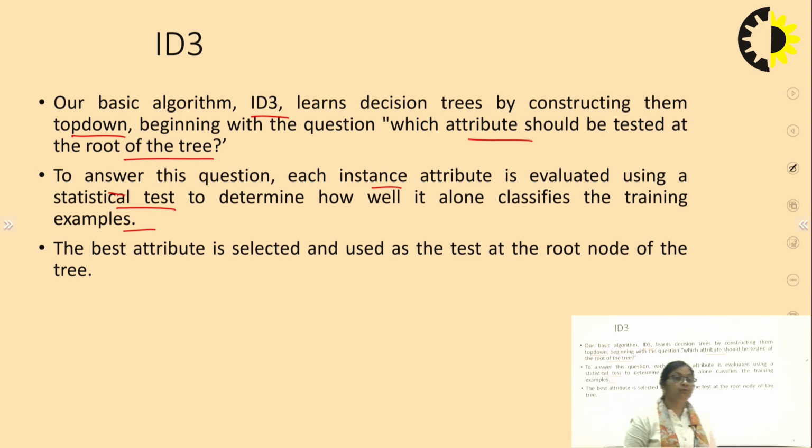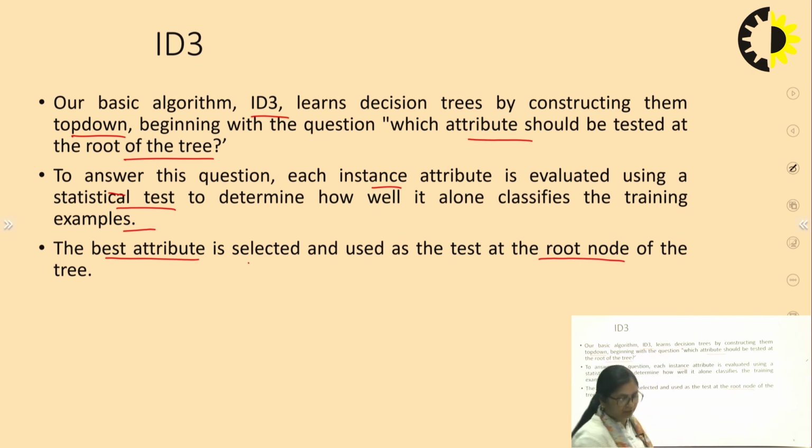It means we will select the particular attribute which classifies, which distinguishes the input data the most. The best attribute is selected and it is used as the test at the root node of the tree. The best attribute is put at the root node. That is the job done in this particular algorithm, that is ID3.